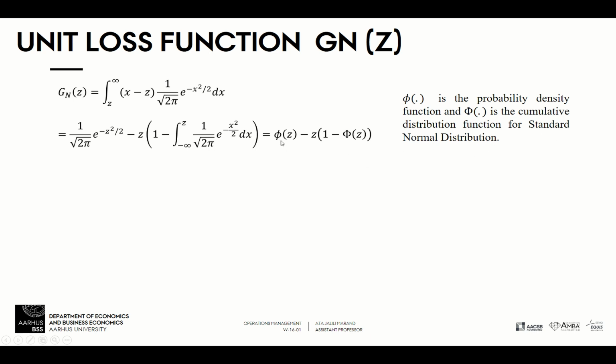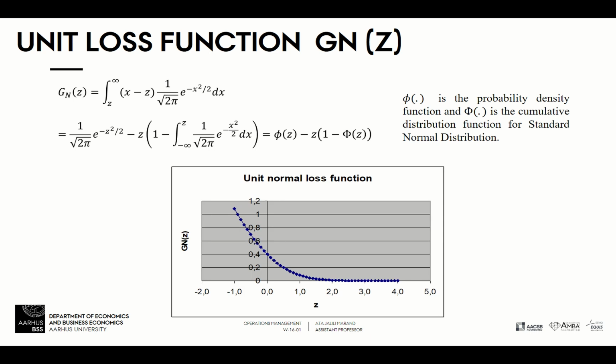So we can simply use this expression in, let's say, Excel to do our calculations for the unit loss function, because the probability density function and cumulative distribution function for standard normal distributions are well defined in Excel. So it will make our calculations easy.